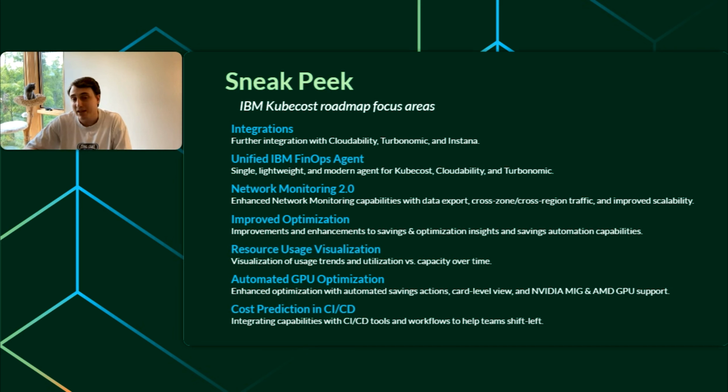And we are going to be making the Kubecost container right sizing automation much more powerful, where you're going to have controls over the automation for all the clusters right from our UI, and you'll have improved logging, error handling, and heartbeat checks on the cluster controller, which is actually running this automation. So I'm very excited to get this into everyone's hands. Again, we expect to launch this in August.